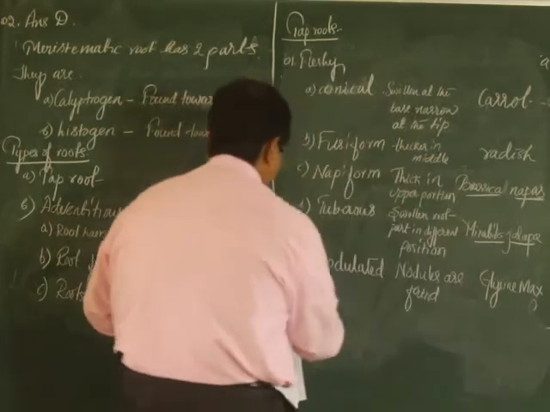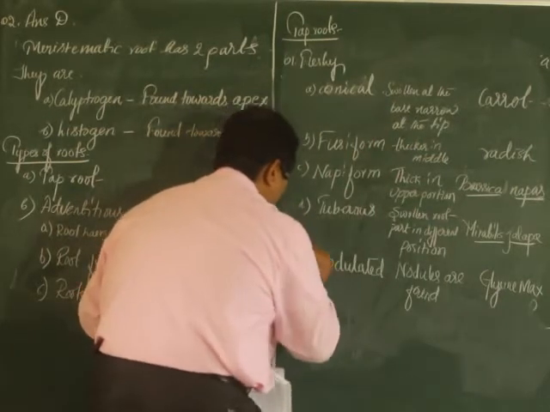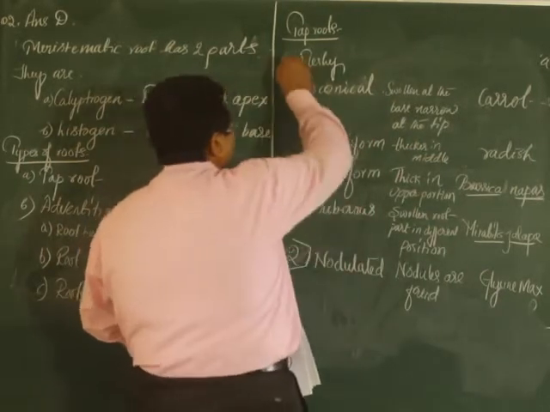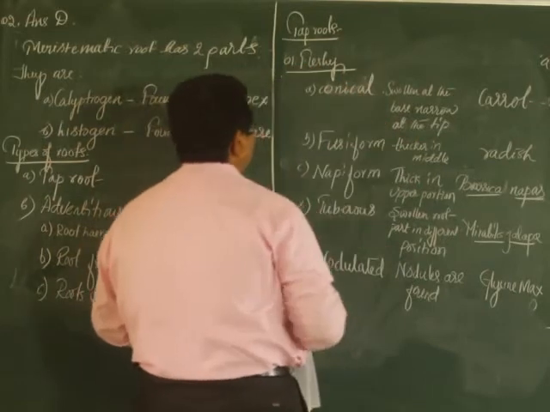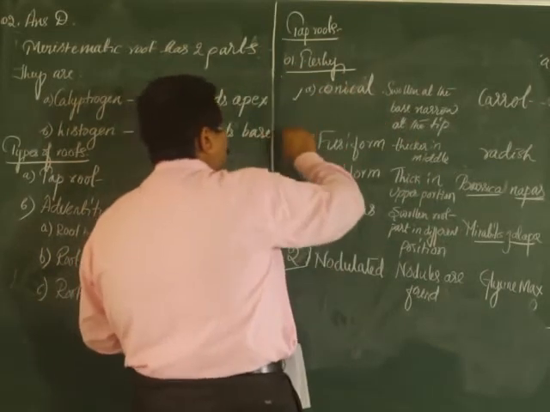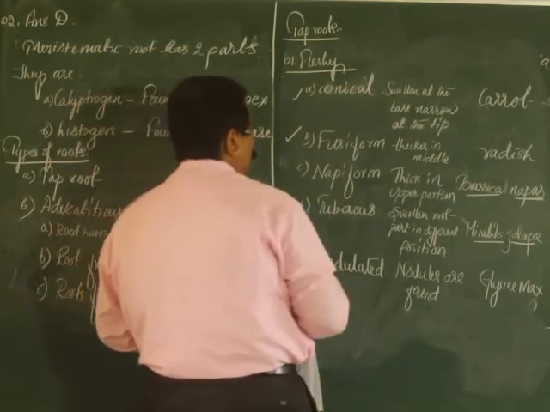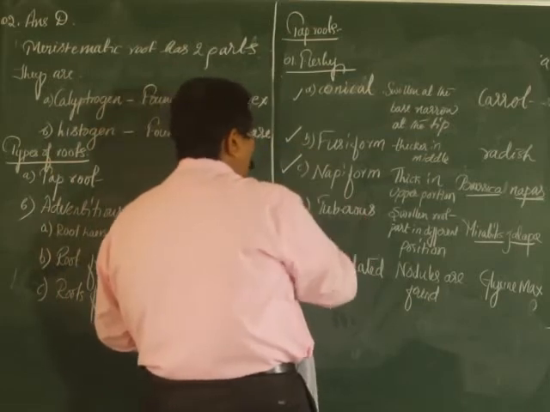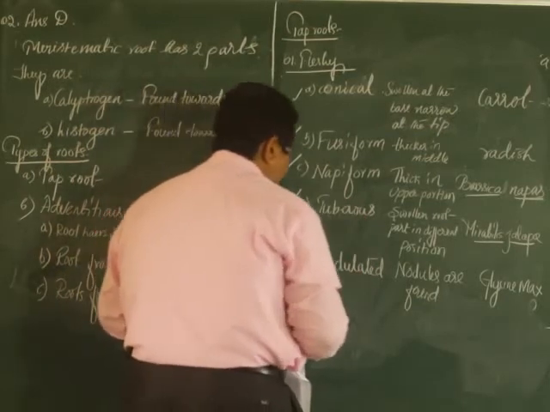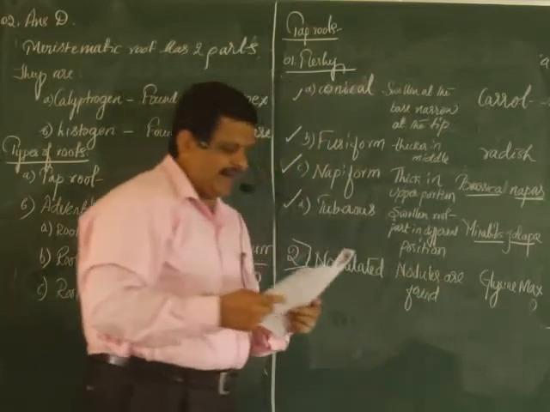This is the second type of root. So remember, in taproot, fleshy, under that 4 types: conical, fusiform, napiform, tuberous, and second is nodulated.